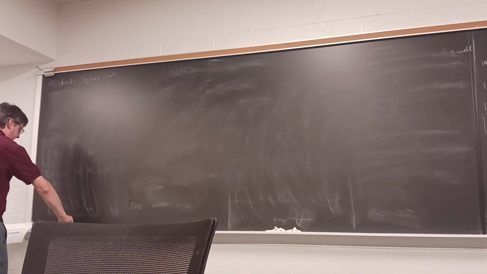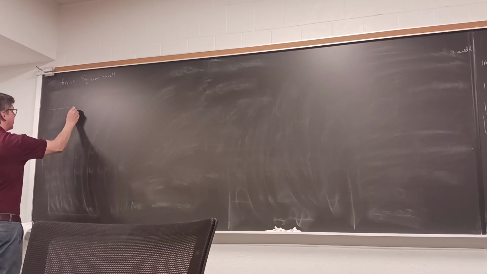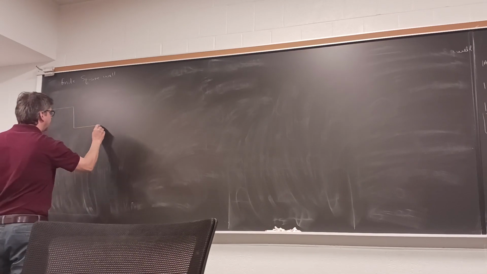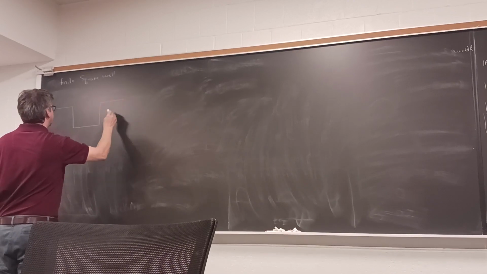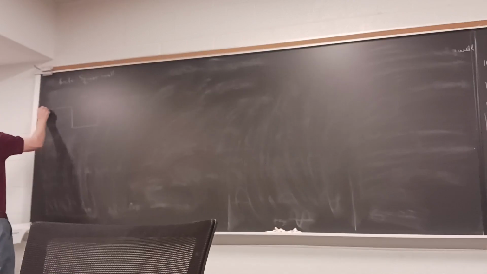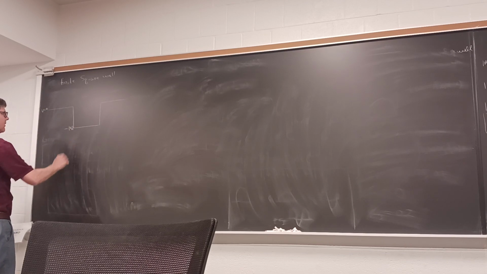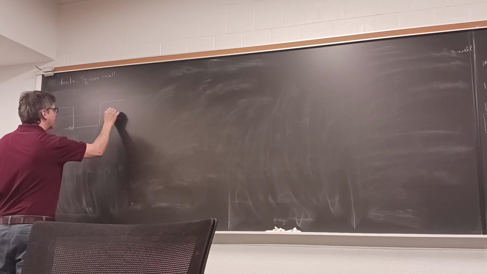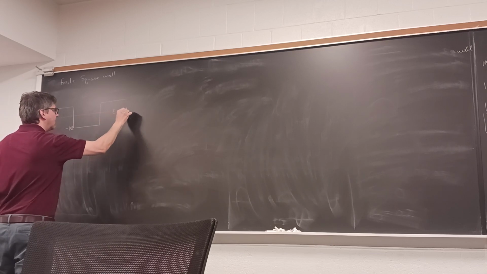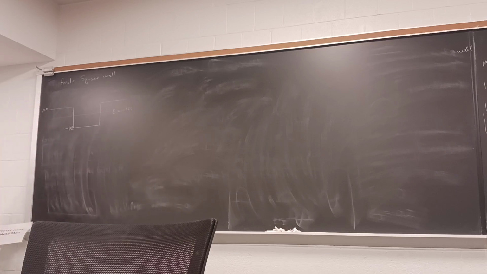Okay, so let's draw it like this. So this is the finite square well. This we'll say is the zero potential energy, so this is minus some V0, and then we want to look at an energy here that's also negative.